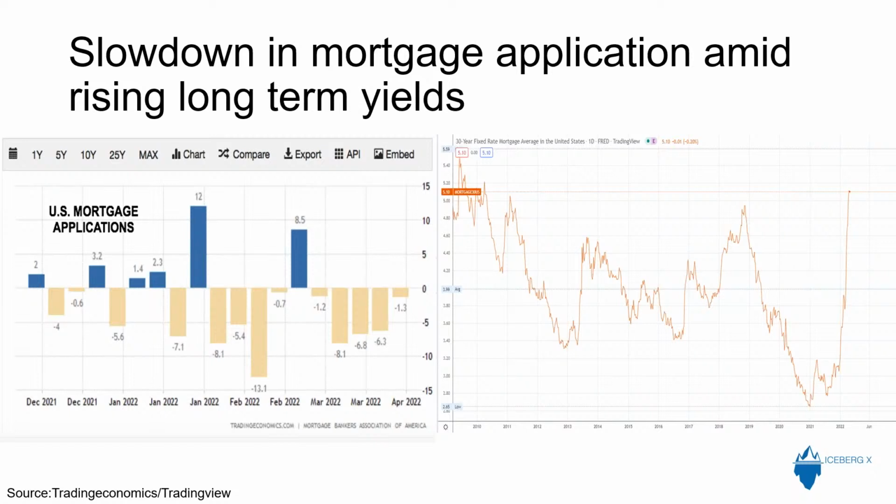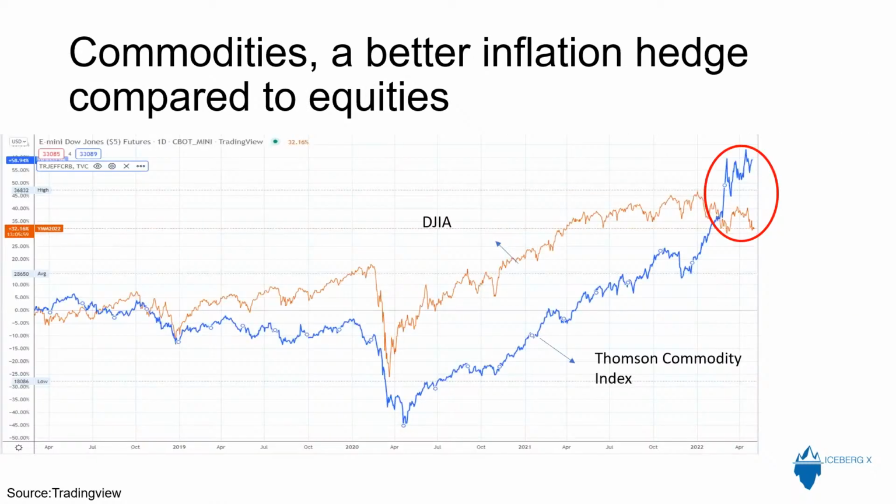So retail sales slowing down and mortgage applications slowing down tell you that the economy is not on a strong footing. So going forward, it's worth paying attention to these two economic indicators. As long as they're not showing any sign of growth, I think the US economy is going to hit quite a stagnant pace, and that's going to be a concern going forward.